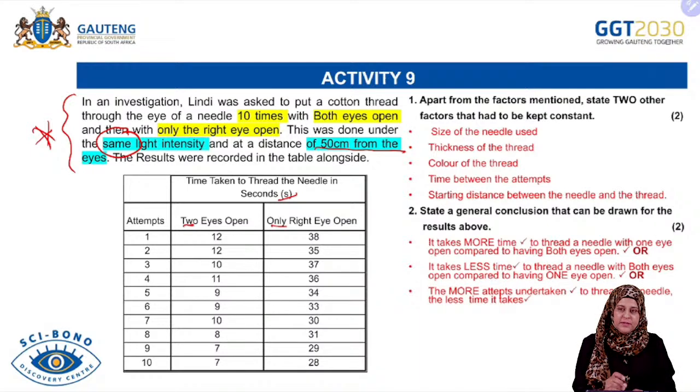Although it's decreasing because maybe she's getting used to it, the fact is that with 2 eyes open, the time is much quicker than with only 1 eye open. So you could say it takes more time to thread a needle with 1 eye open as compared to both eyes open, or it takes less time to thread a needle with both eyes open as compared to 1 eye, or the more attempts undertaken to thread the needle, the less time it takes. So look at these investigative questions and unpack them thoroughly.